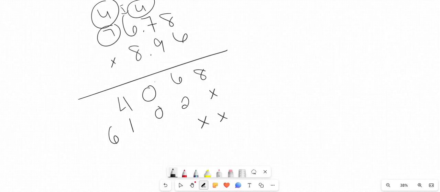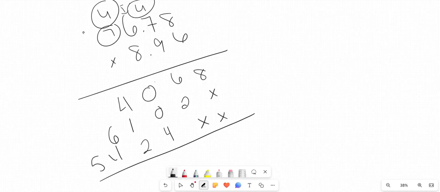And then we're going to do 8 times 8, 64. 8 times 7 plus 6 is 62. And then 8 times 6 plus 6 is 54. And then we're just going to add.